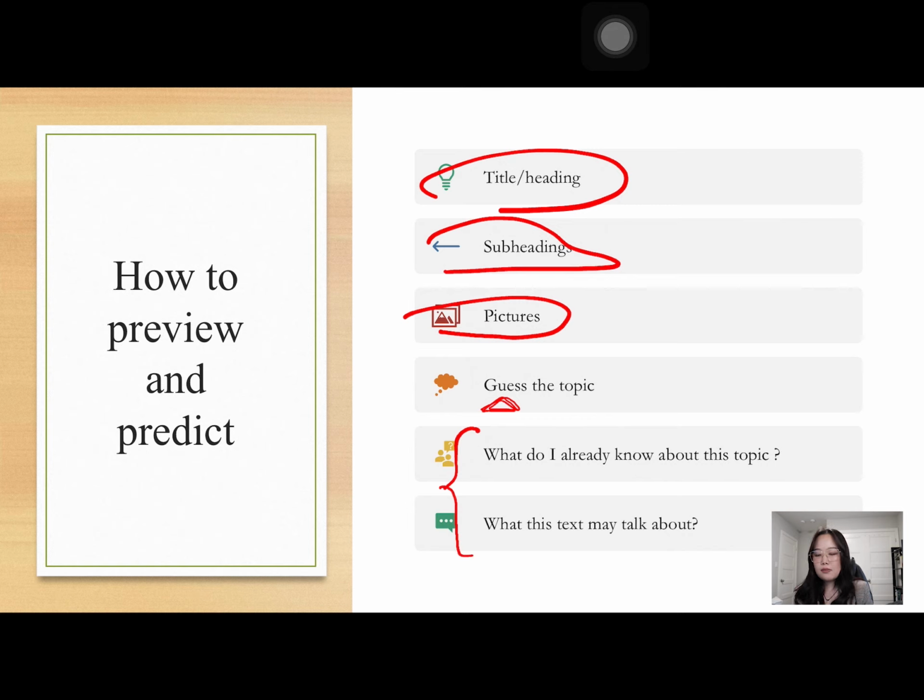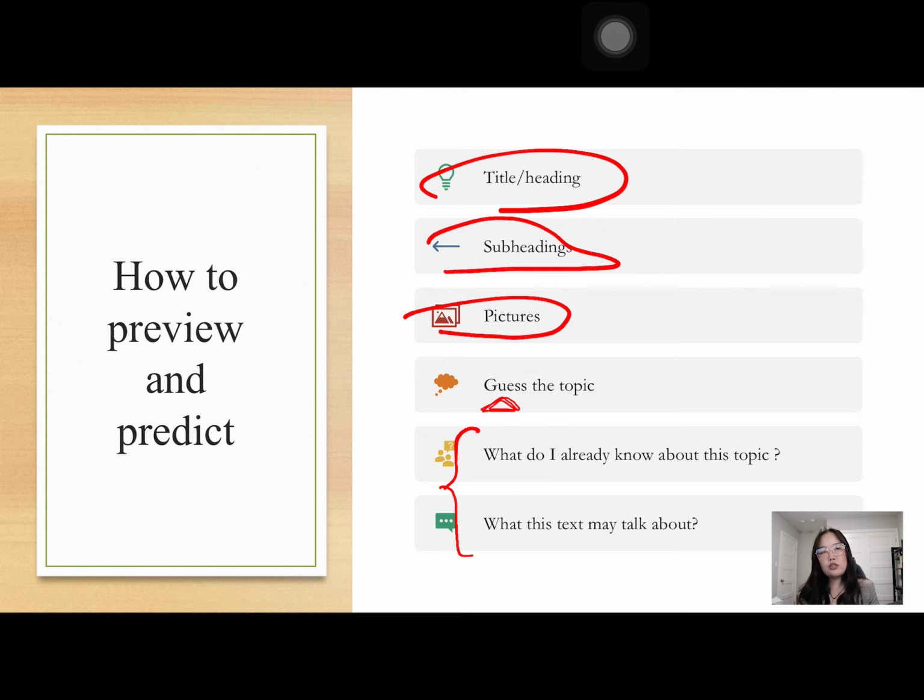First question is, what do I already know about this topic? Use the information you already know about this topic. So for example, you might have learned about this in science class, or you have read about it in a newspaper. Use all that information you already have about the topic.